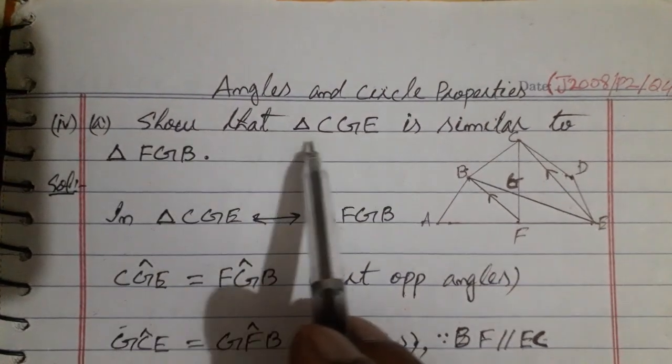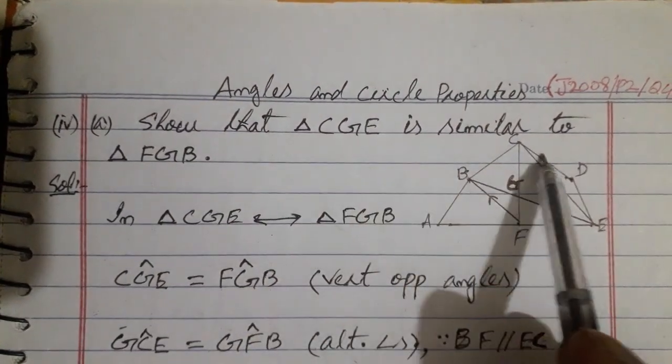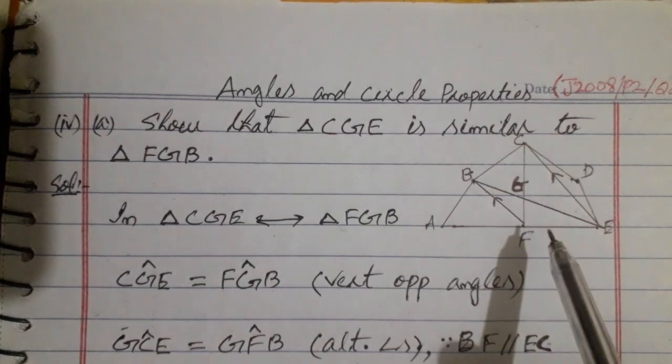Fourth part, show that triangle CGE is similar to triangle FGB.